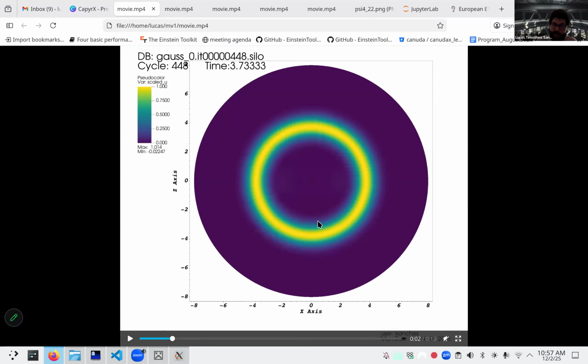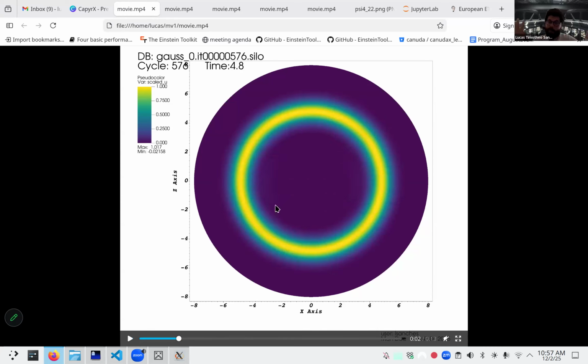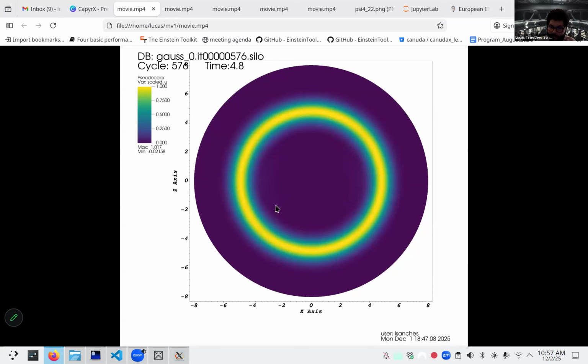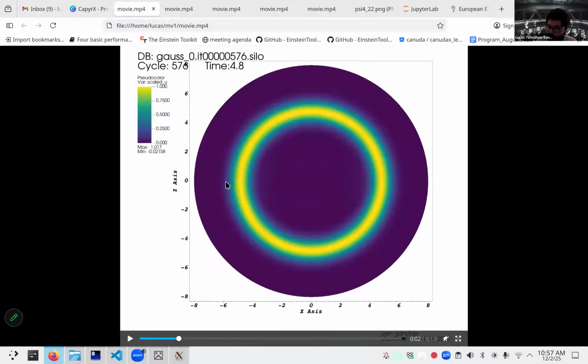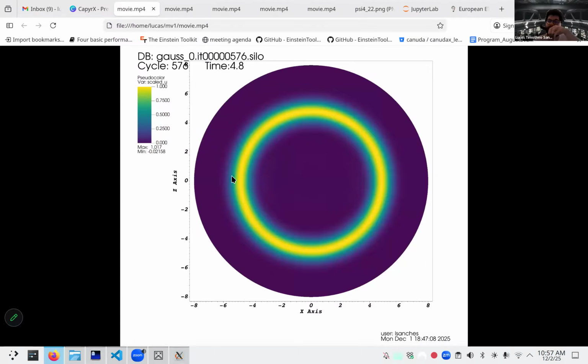An important thing to note here is that it propagates as it should across the patches. The patch interfaces don't introduce any sort of artifact. Also important to mention, this pulse here is scaled by the radius, right? When you have a Gaussian pulse and it propagates out, the amplitude decreases with the radius.